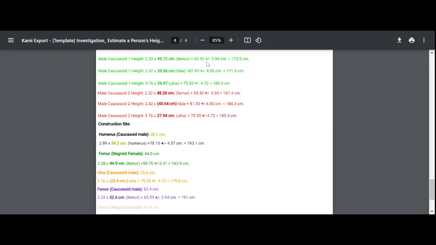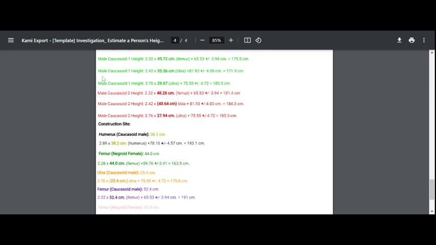Okay, so again, it can be plus or minus 3.94. I added, just to make it closer to the actual height, okay, which was 177. So that's kind of how you know whether or not you're going to add or subtract, is you're going to compare it to the actual height, okay?